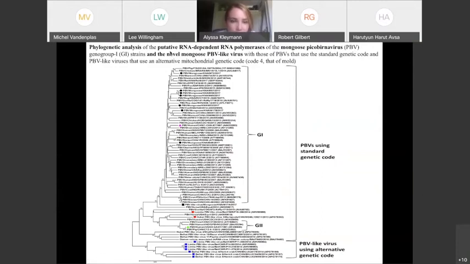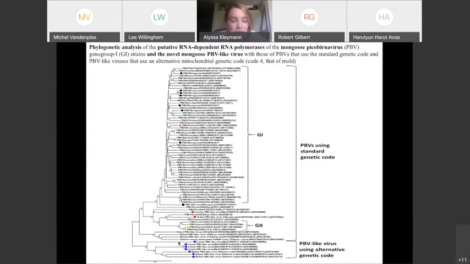So our strains are the ones with the black bullet points. The PBVs that use alternative genetic code for translating the RDRP have been reported from invertebrates and bats and form a separate cluster from PBVs that use the standard genetic code. And those are these ones down at the bottom with the blue squares.